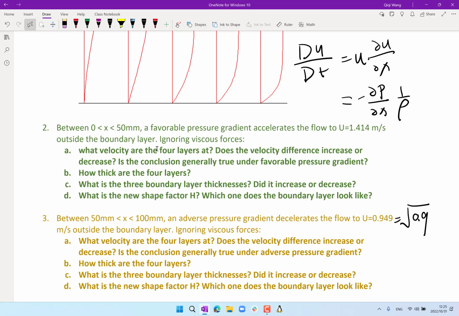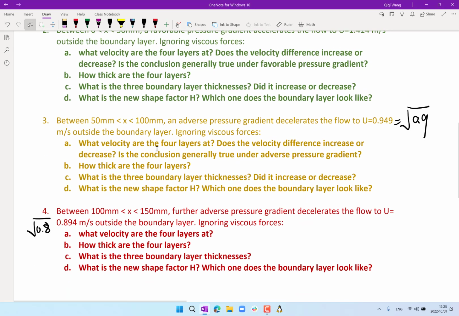Although the free stream only decelerates from 1 to 0.94, the velocity near the wall decelerates all the way from 0.4 to almost 0. And if you go to number 4, the velocity near the wall would decelerate beyond 0, to a negative speed.